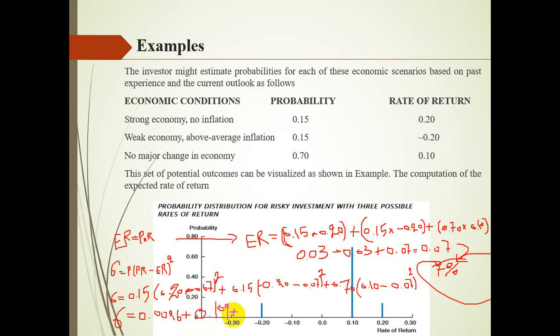If you calculate that, 0.10 minus 0.07 is 0.03, squared, multiplied by the probability 0.70, so it will be about 0.00063.